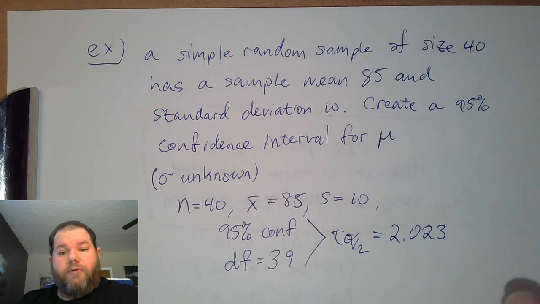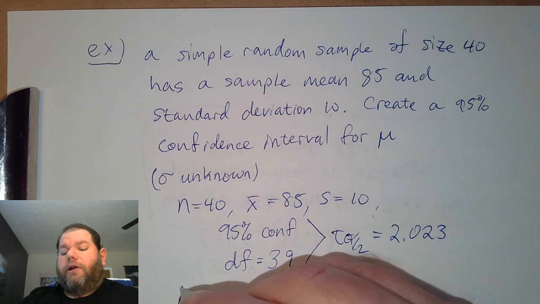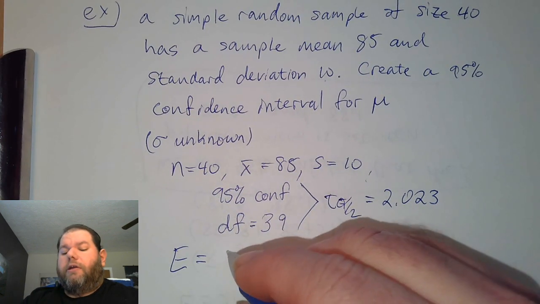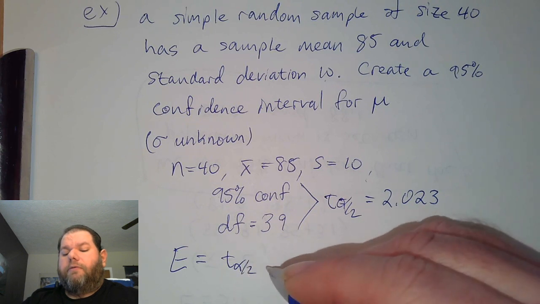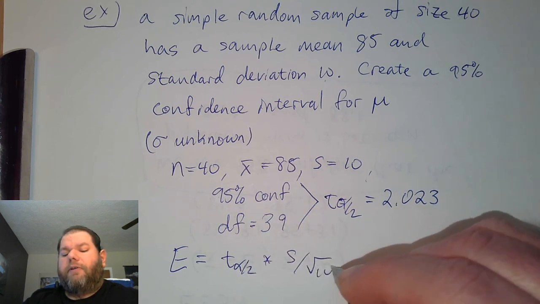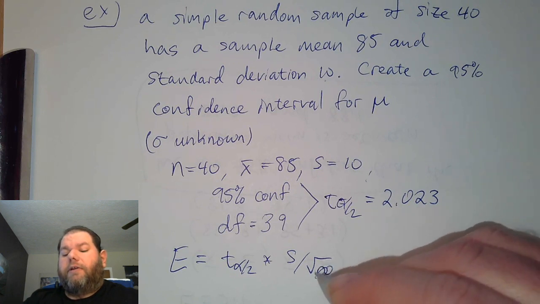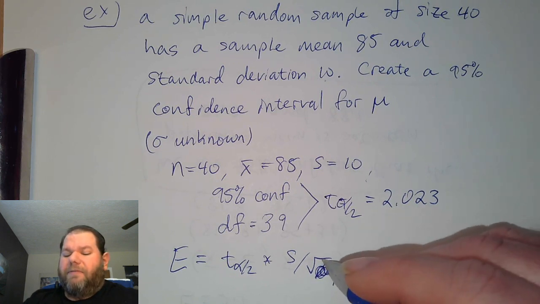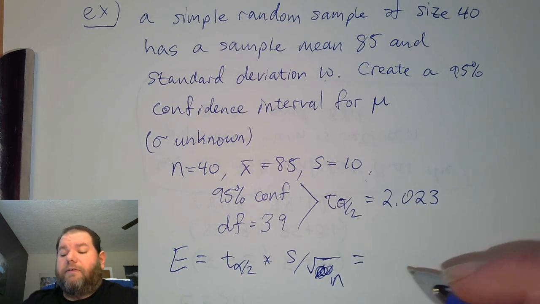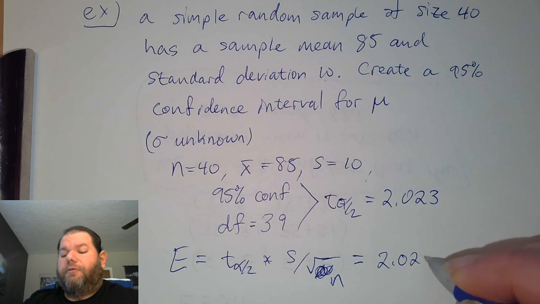So from our table, we got 2.023 for t alpha over 2. So our error term is t alpha over 2 times s divided by square root of n, not 10, n. I was looking at s for some reason. Then we fill in those values: 2.023 times 10 over the square root of 40.